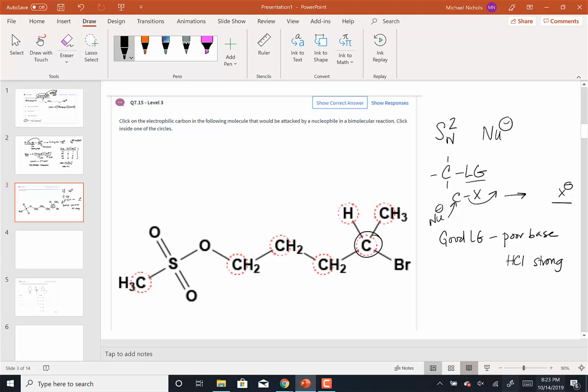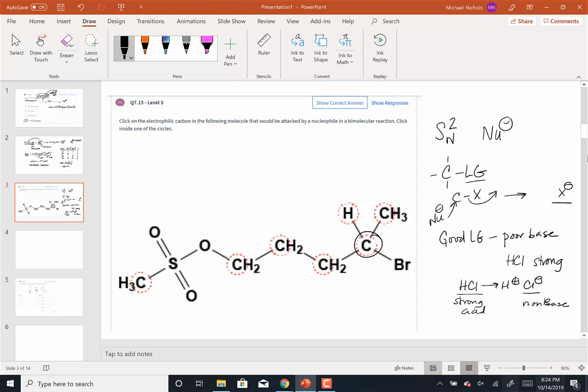That means that when HCl gets added to water, it dissociates into its ions 100% or nearly 100%, and so Cl minus then is not much of a base. We know if we add salt to water, the chloride doesn't react with water to form hydroxide. So basically the conjugate base of a strong acid like HCl is a non-base. So it doesn't act as a base, and that's a great leaving group.